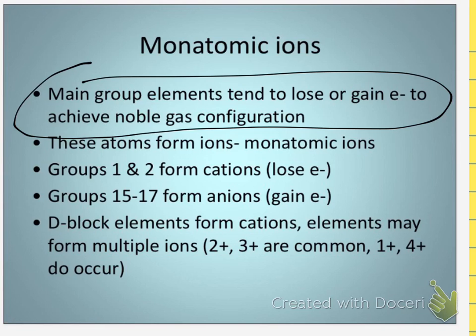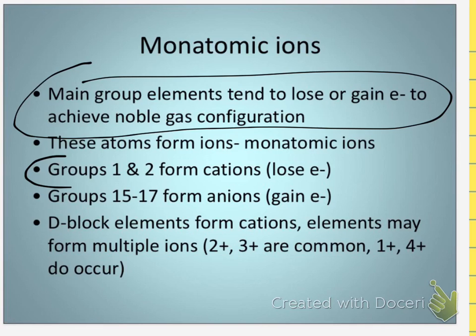Think of the monocle, the single eye piece. So these are ions made of a single atom, and for the last couple chapters you've been going, oh yeah, that one's going to lose 1, this one's going to gain 1, that one's going to gain 2. You've been practicing forming monoatomic ions. So we know that they do it all to be just like a noble gas. Everybody wants to be like a noble gas.